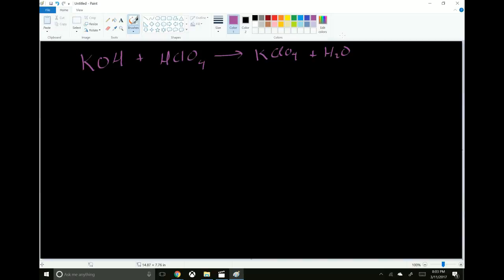That makes it simple. Now we have a 1.5 molar solution of potassium hydroxide, and 10 mL of potassium hydroxide was added to the acid, whose concentration we're trying to find, and we had 20 mL of that acid.